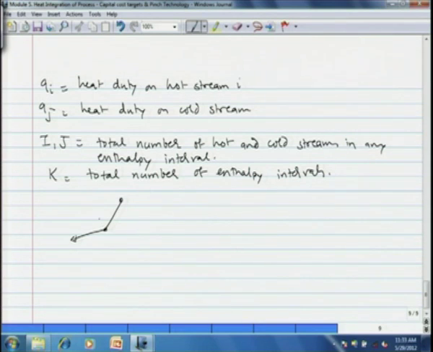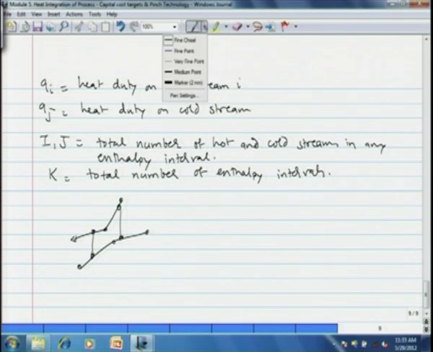Okay. And we are making direct vertical matches, but if the film coefficients of the streams vary largely, okay, then this kind of a match may not give us the minimum area. So, we may have to go for a cross match like this. Okay. This may give us the minimum area. Okay. So, those points we need to keep in mind while making the matches.